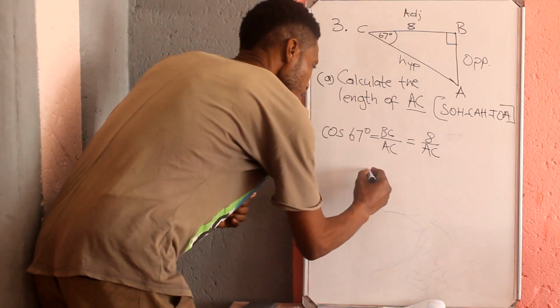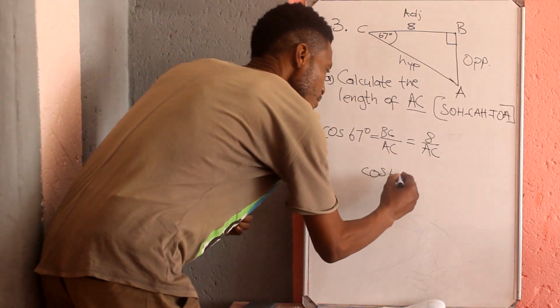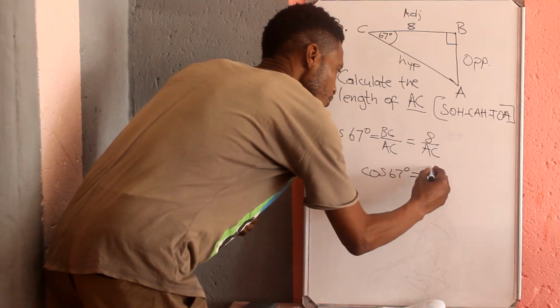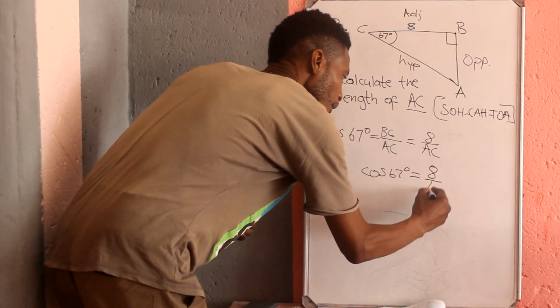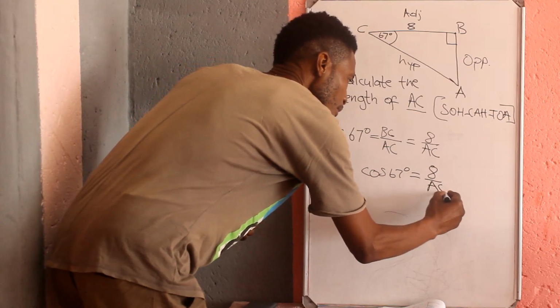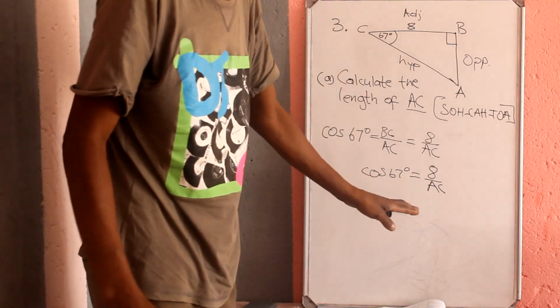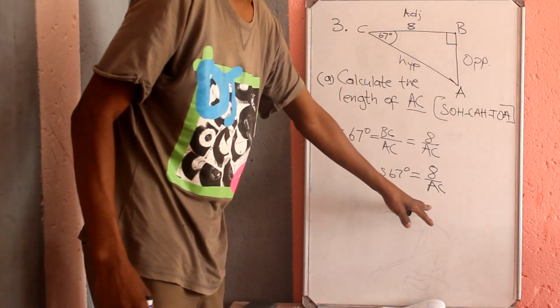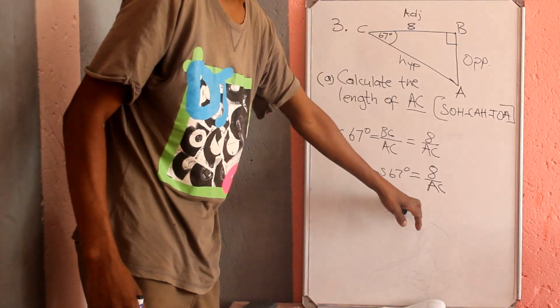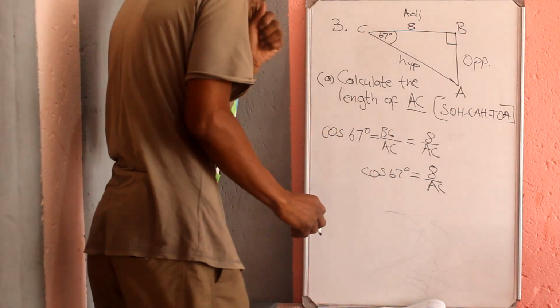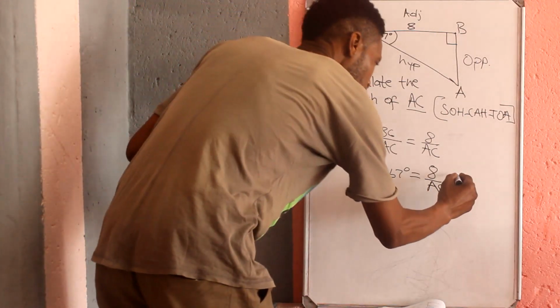Now this means cos 67 degrees is equal to 8 units over AC.